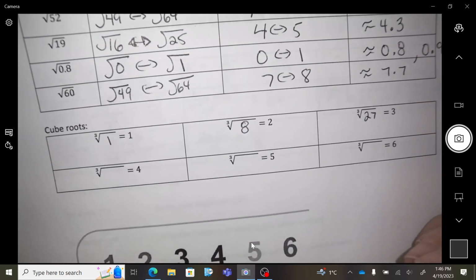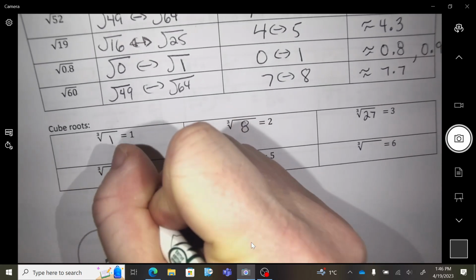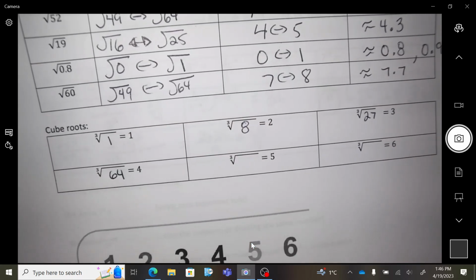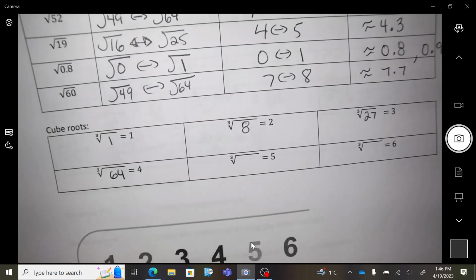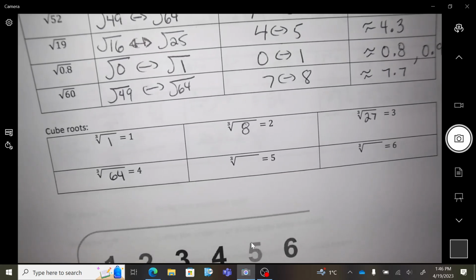Does anybody know 4 times 4 times 4? 16 times 4. 64. 5 cubed, we can do that one in our head. 5 times 5 is 25.